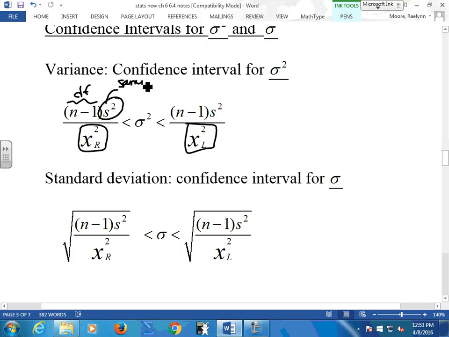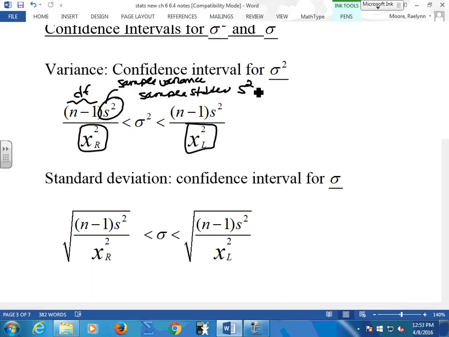So either they're going to give you a sample variance, in which case you replace s squared, or if they give you a sample standard deviation, then you have to put in the s and you have to square it. That is probably the only difficult part, when the word problem will say the sample standard deviation is, or the sample variance is.